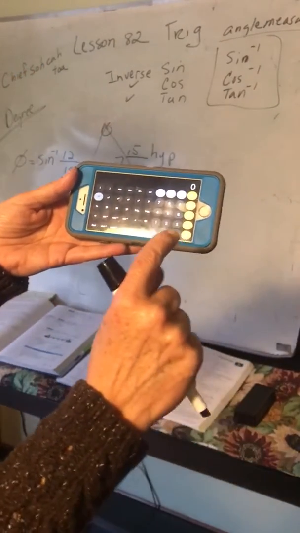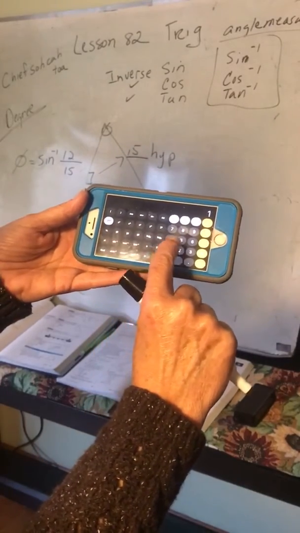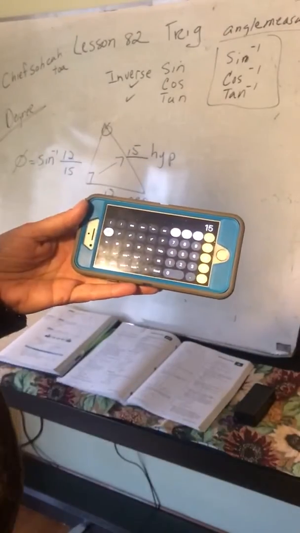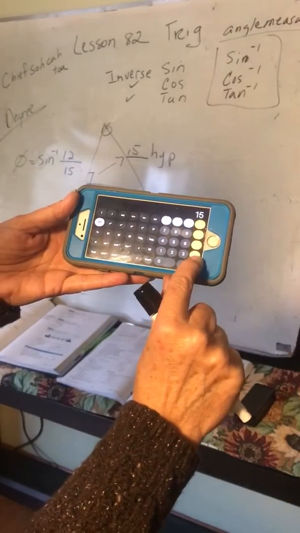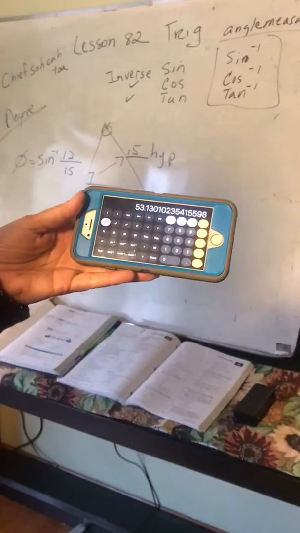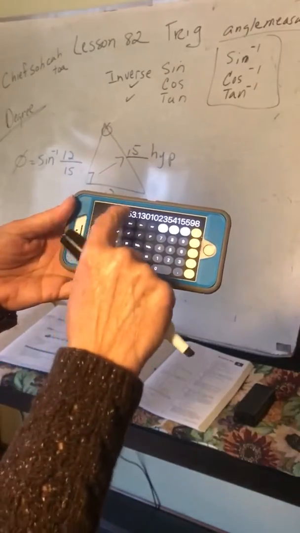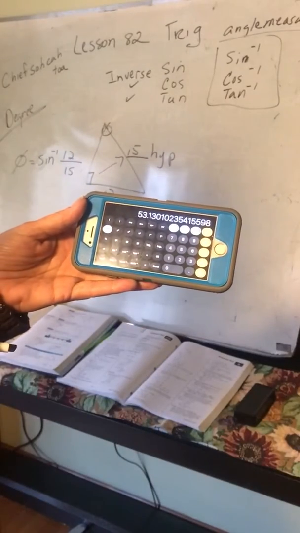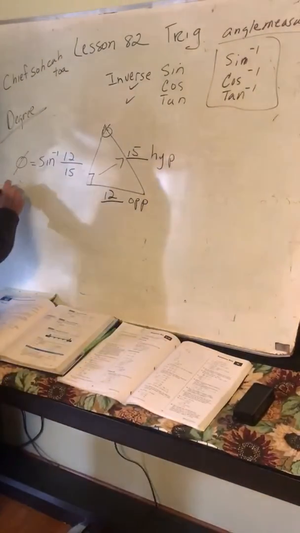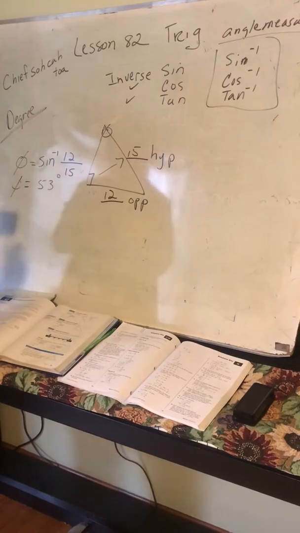Now what I'm going to do is take 12 divided by 15. That equals that. Then I press the inverse sine button, and that is the measure of my angle, 53 degrees. So this angle up here is equal to 53 degrees.